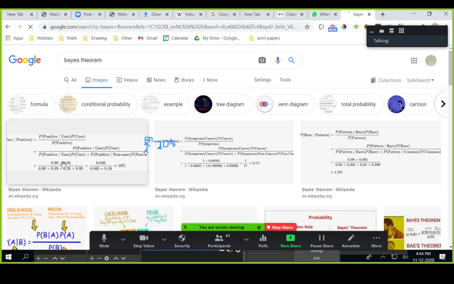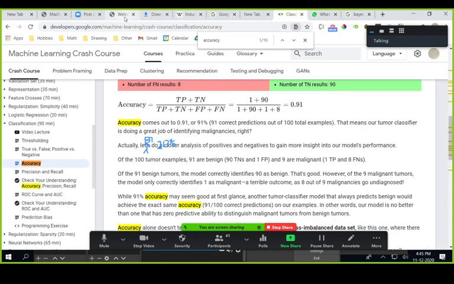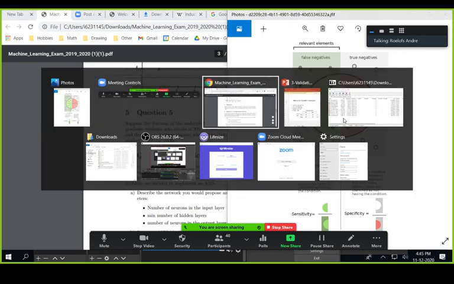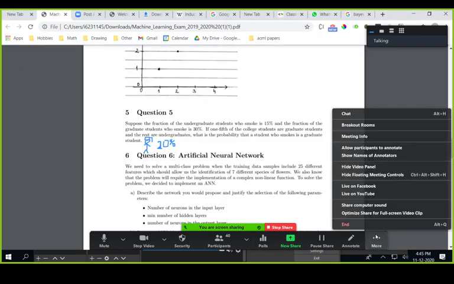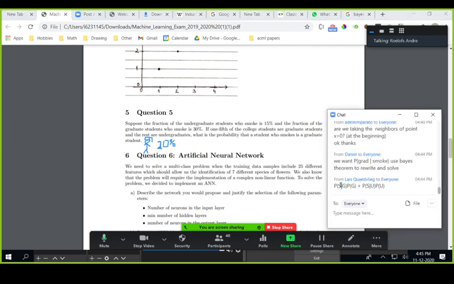Okay, as Lars mentioned here, the probability that he smokes despite being a graduate student times the probability that he's a graduate student, plus the probability that he smokes despite being an undergraduate student.